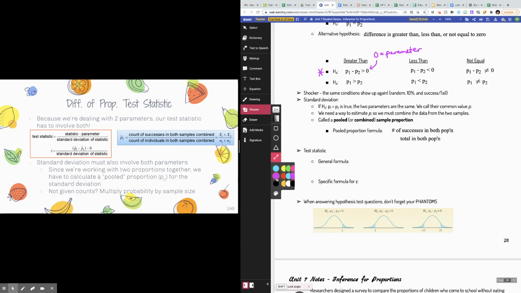Let me do my little line right here. The total number of successes in both populations is where you add the number of successes. And then for the total in both populations, you add your sample sizes.